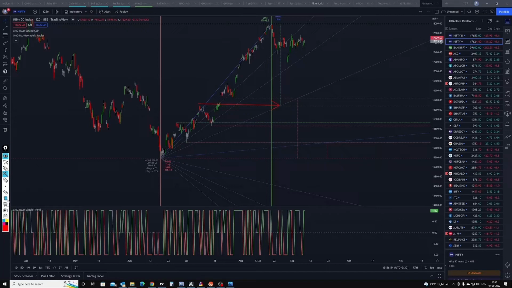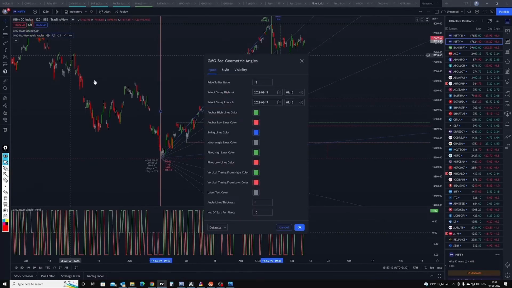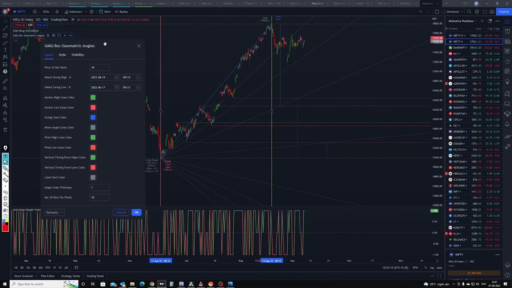Now there is one more thing that you need to understand with respect to the support and resistance lines or the pivot lines. Let me remove all these things from here. This you will see under the setting of the indicator.